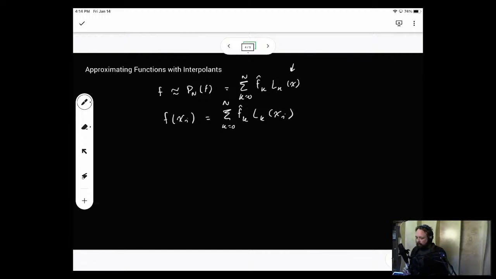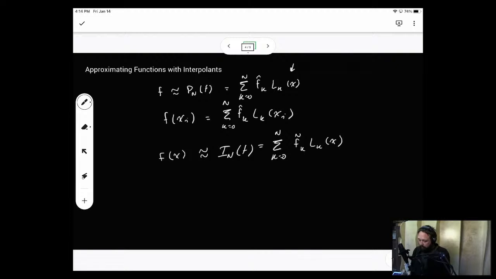So instead of working with these f hat k's, we want to approximate the solution with what I'll call I sub n of f, a sum with k from 0 to n. We actually have a different kind of coefficient there, so I'll denote it with an f tilde. It'll still have the Legendre polynomials in there, and the difference between f tilde and f hat is in the way that we choose to determine what those values are.